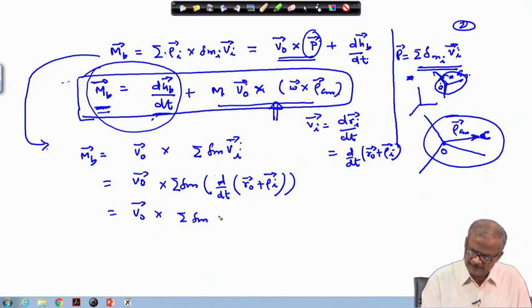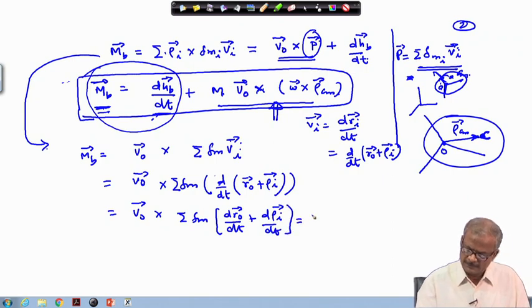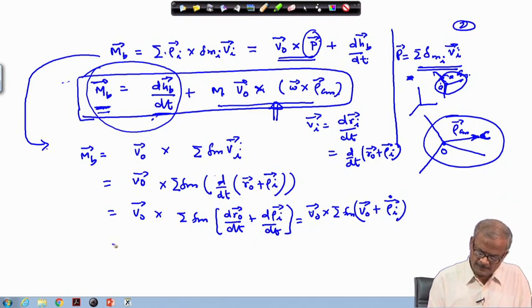And if we differentiate this, it gets reduced to d r_0 by dt plus, and this can be written as V_0 cross delta m, and here then look into this part, this is V_0 plus rho_i dot, and then break the bracket.